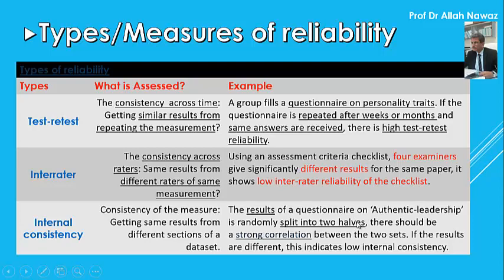If the sample is 100, then we create two files of 50-50, and then the results of these two files are correlated. There should be a strong correlation between the two sets. If the results are that different, this indicates low internal consistency.